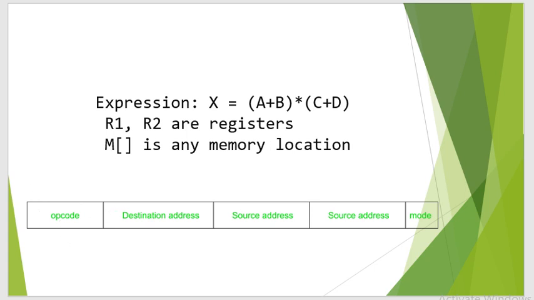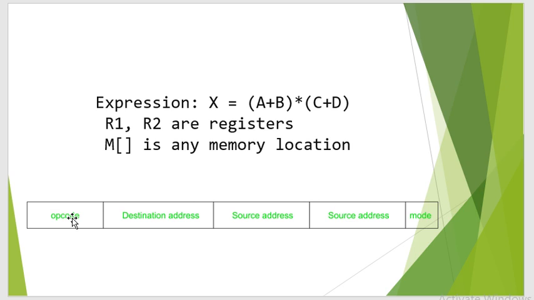The opcode field, the instruction format. This instruction format has five fields. The first one is the opcode field. Opcode is the operation code. The operation code is minus, plus, star, slash, like that. Then source address. This source address contains two portions. The first is source address 1, that is register 1.